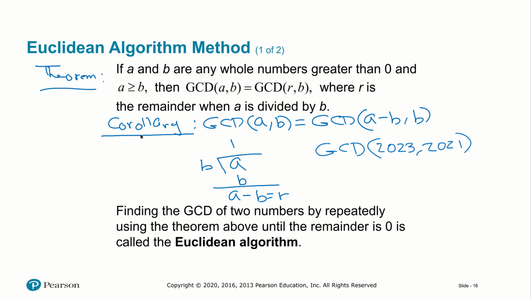So using the corollary of the Euclidean algorithm, notice that this is going to be, according to this corollary which we just came up with. Try to say that 3 times quickly.